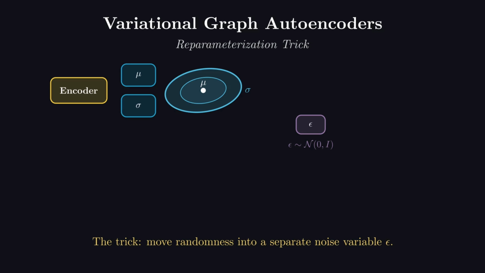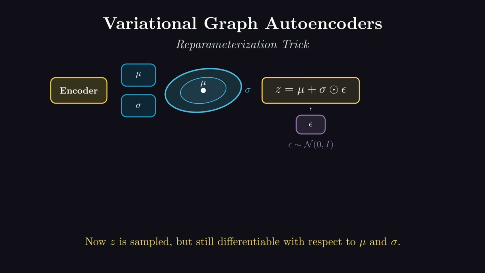Then we construct z using the formula z equals mu plus sigma times epsilon. So the randomness is now isolated in epsilon. Mu and sigma are still normal differentiable outputs of the encoder. This means the model can sample latent vectors, but gradients can still flow back to the encoder. That is the key point. VGAE keeps the probabilistic latent space, but still remains trainable with gradient descent.